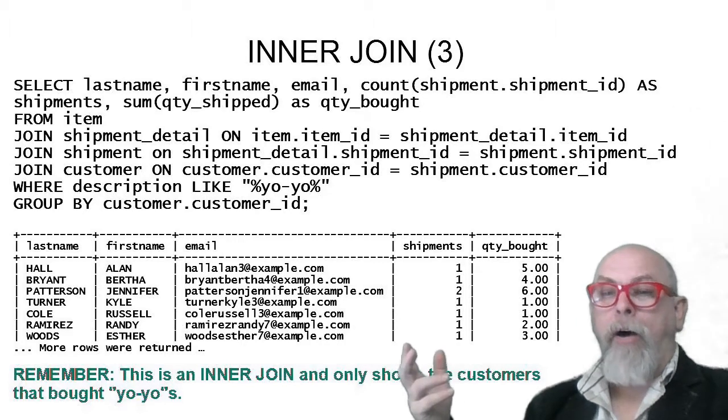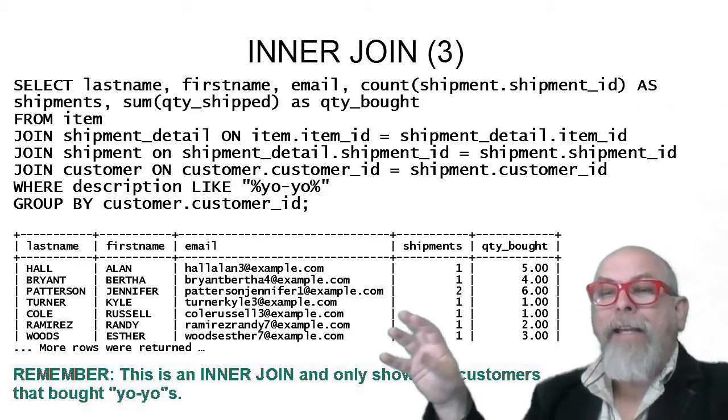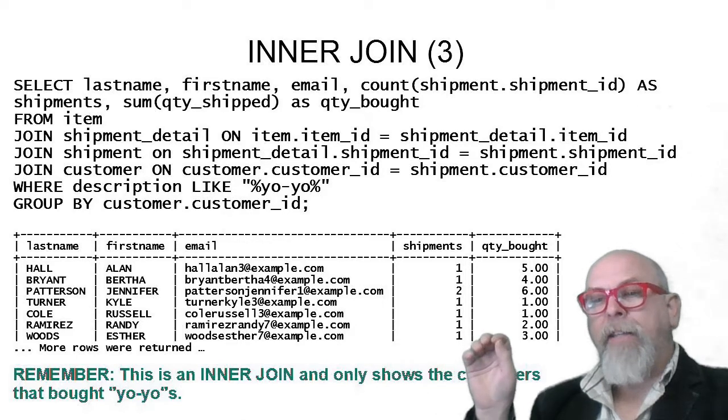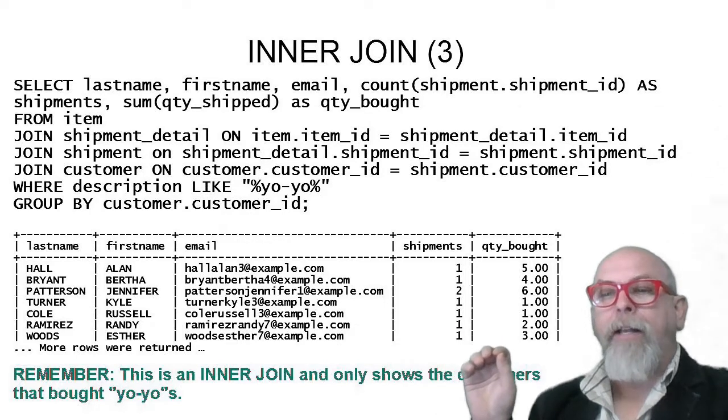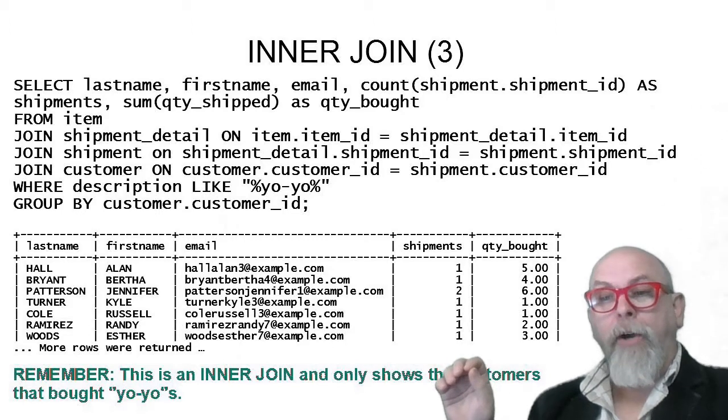The where clause says where description like %yo-yo% selects only items that contain yo-yo in the description. So that's going to limit, because we've limited the items to only items containing yo-yo, we're going to get shipment details only for yo-yo items.